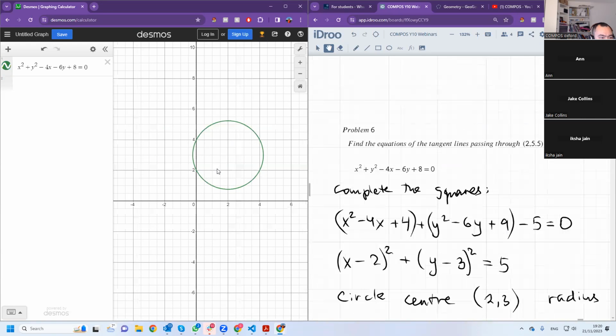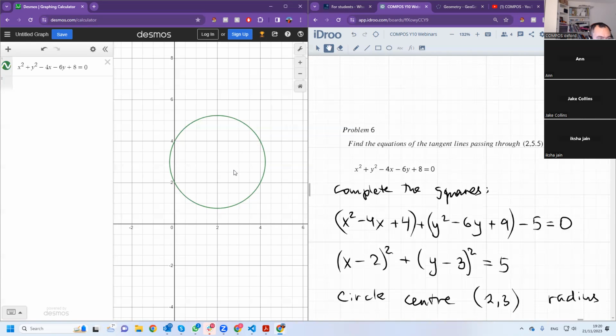That's a circle, and it looks like the circle that I have drawn. So it looks like I was correct.